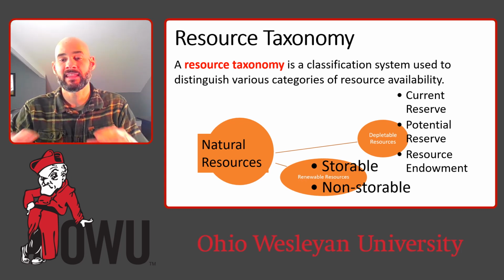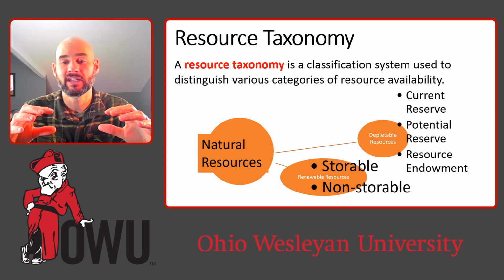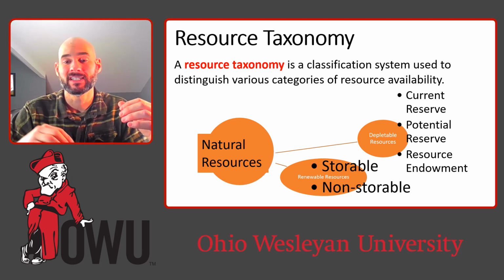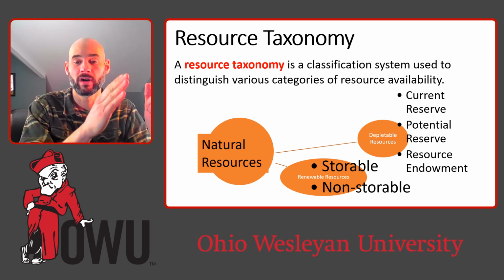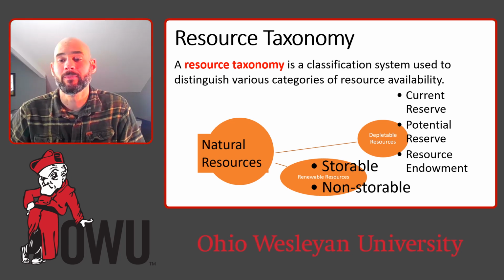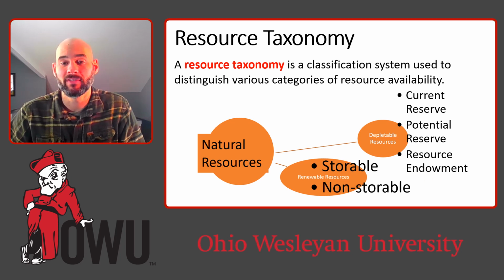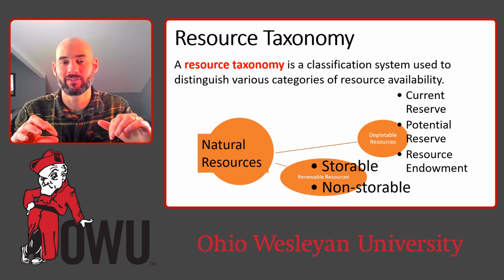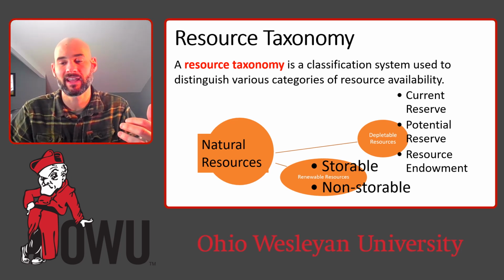And within that initial classification, our renewable resources can be storable or non-storable, and our depletable resources can exist in current reserves, in potential reserves, or as the total endowment of that resource. So this is one way that you branch off different types of resources to classify them. The book has a different way, and I'm going to turn to that next.